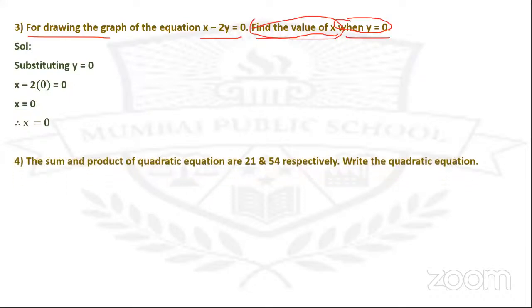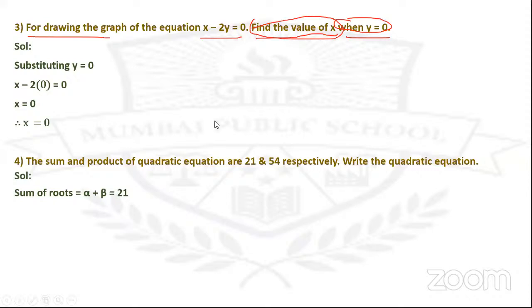Now next, the sum and the product of the roots of a quadratic equation are 21 and 54 respectively. Write the quadratic equation. Now again, this is also a very simple question. Understand the general form of the quadratic equation in terms of the sum of the roots and the product of the roots. First we'll write all the given things.